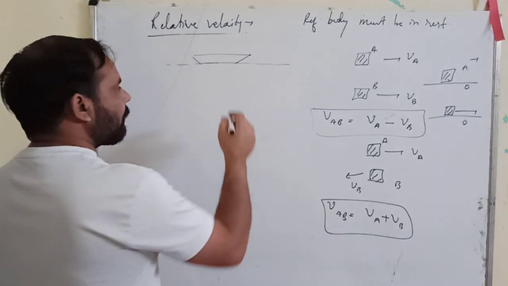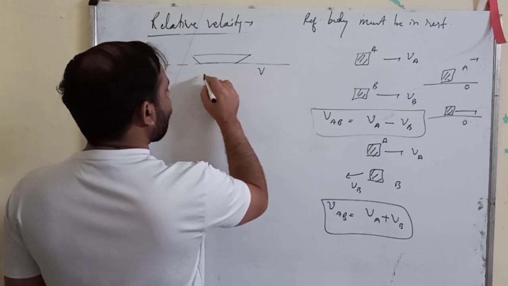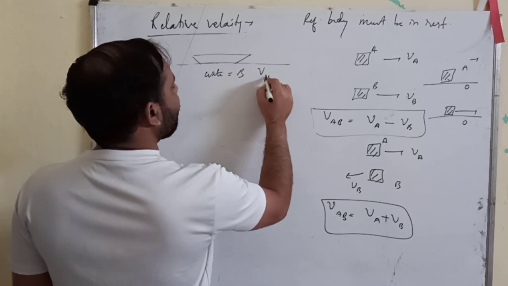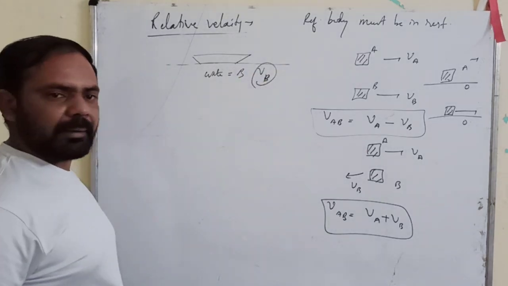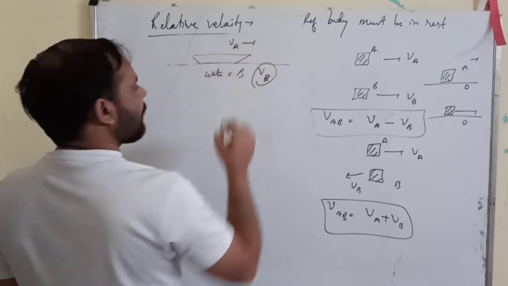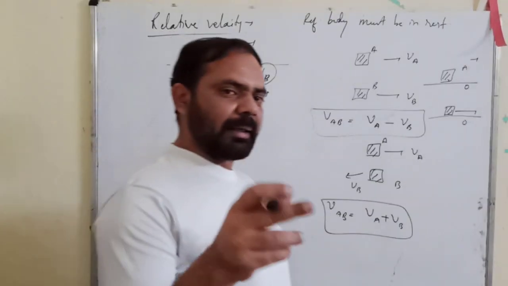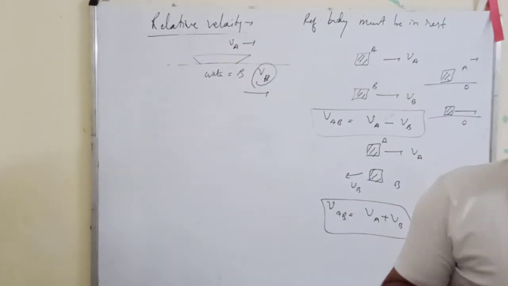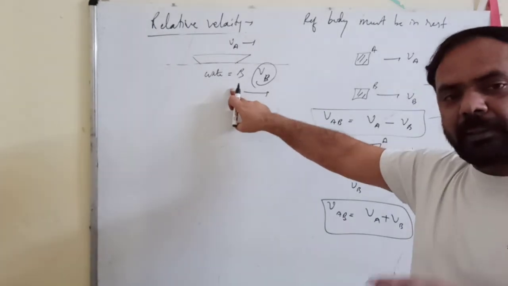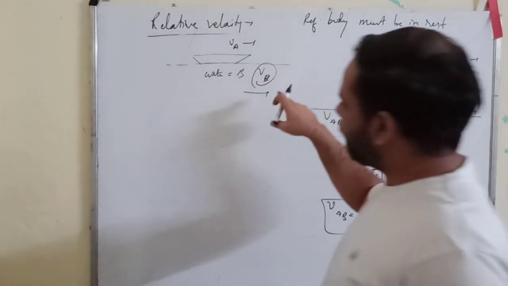Now the water is your B body, so it has a velocity VB, and this boat has a velocity VA, in this direction, or also in this direction. Now this is a different case. One body is moving on another body. This is not the similar case, this is a different case.